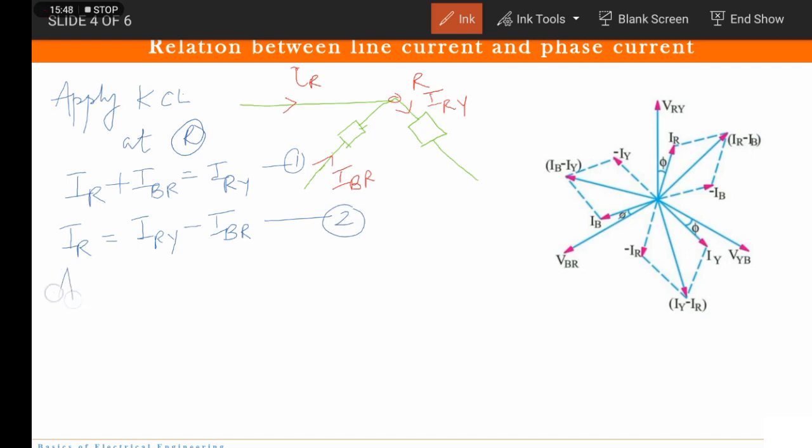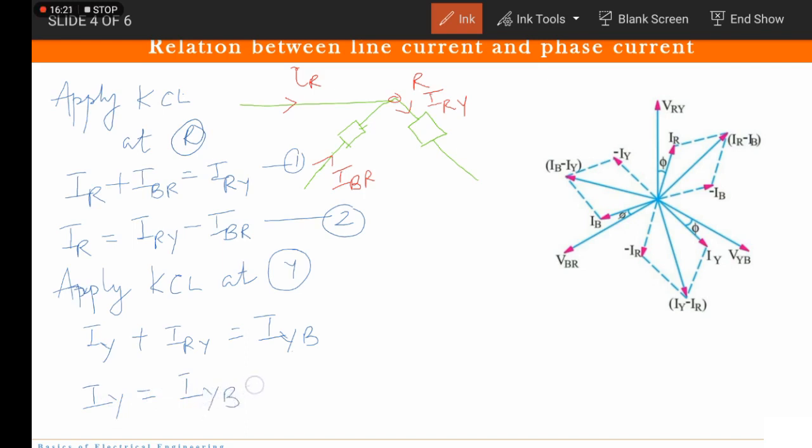Similarly, apply KCL at Y. Now we can write that equation. It will be IY plus IRY, which is equal to IYB. I will convert this equation in terms of IY, which becomes equal to IYB minus IRY. So this becomes my equation number 3. Correct?